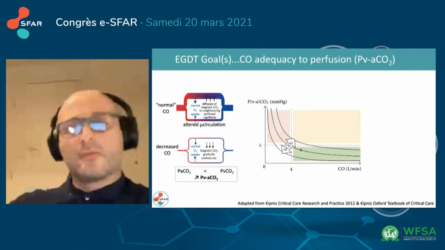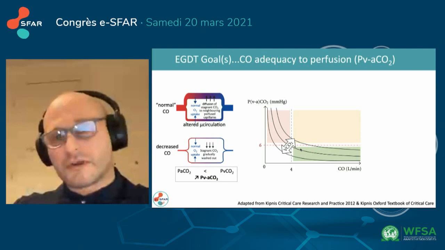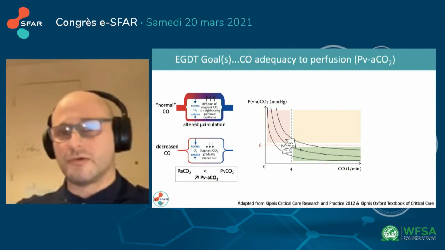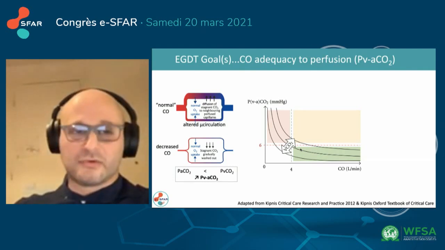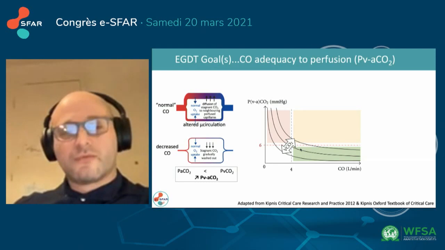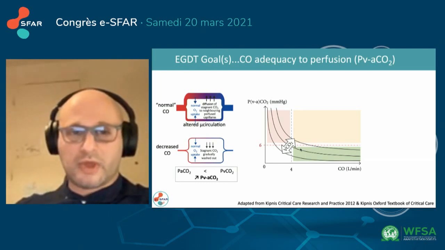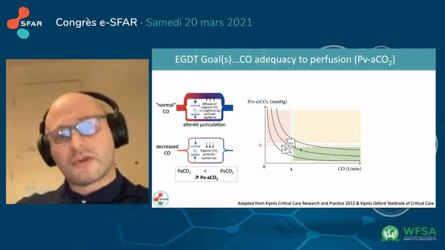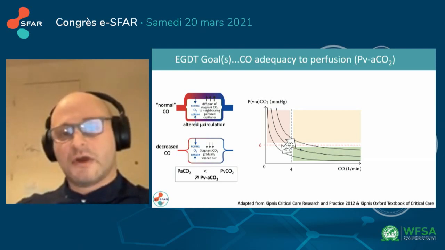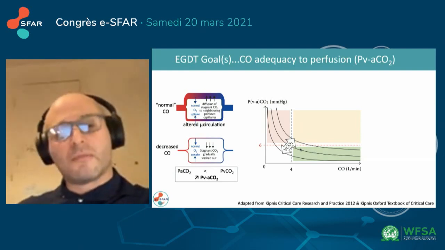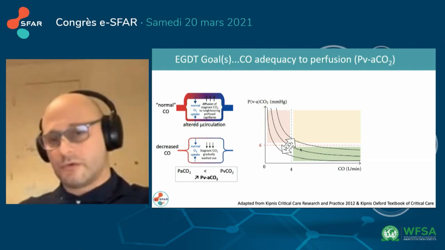One of the more intriguing goals that can be used in the resuscitation of septic shock is the venous to arterial difference in CO2 partial pressures. This can be considered, if you want to sum it up as simply as possible, as an index which can judge the adequacy of a given cardiac output to a macro and microcirculatory situation.